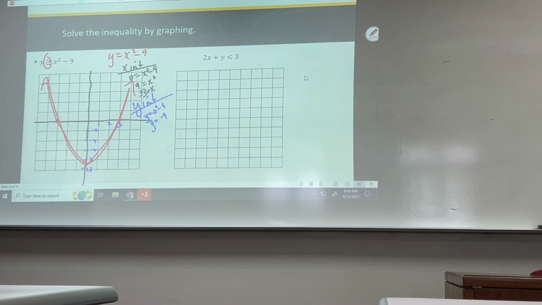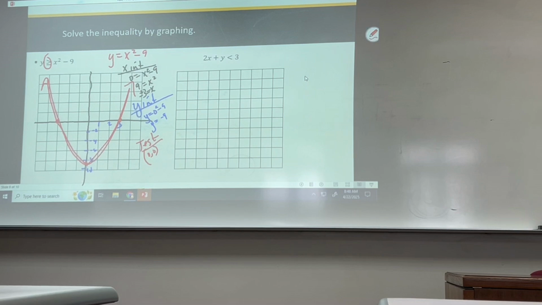Well, if you're not sure, test a point. So do you think we shade inside the U or outside? The parabola divides it into two areas, right? Inside or outside the U. This does not go through the origin, so let's test using 0, 0. If 0, 0 works, that was inside the U, I'll shade inside the U. If 0, 0 doesn't work, then I'll shade outside the U. So I'm testing by putting a 0 for the x and a 0 for the y.